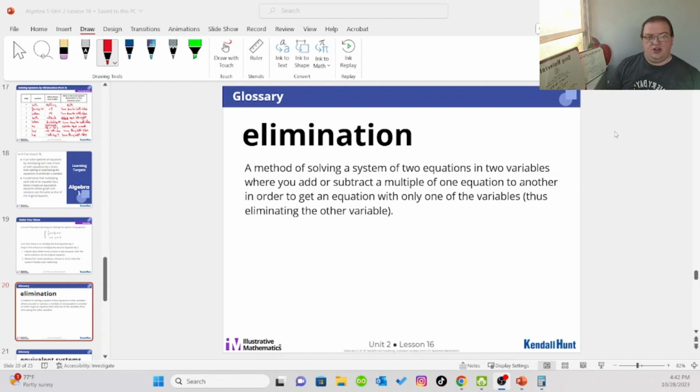Our glossary terms for this lesson: elimination, a method of solving a system of 2 equations in 2 variables where you add or subtract a multiple of one equation to another in order to get an equation with only one of the variables, thus eliminating the other variable.